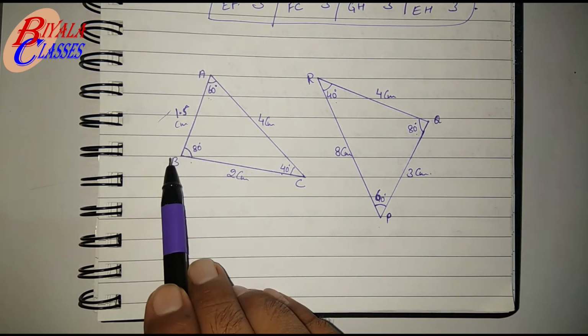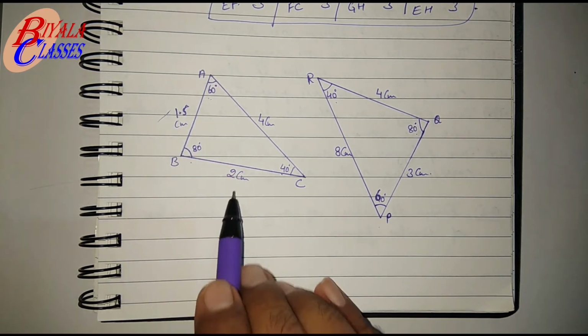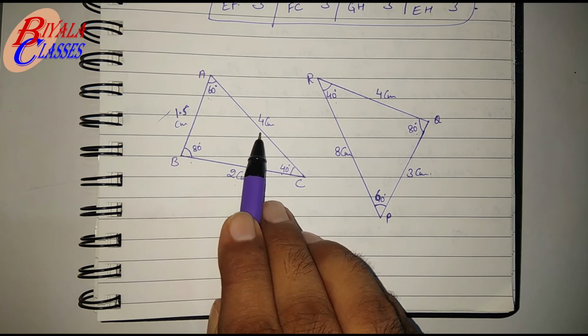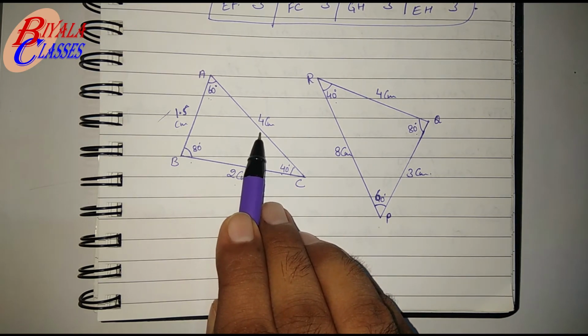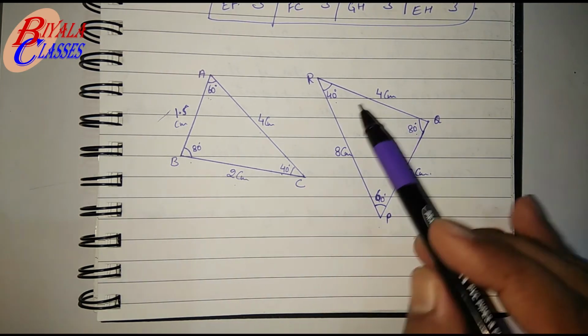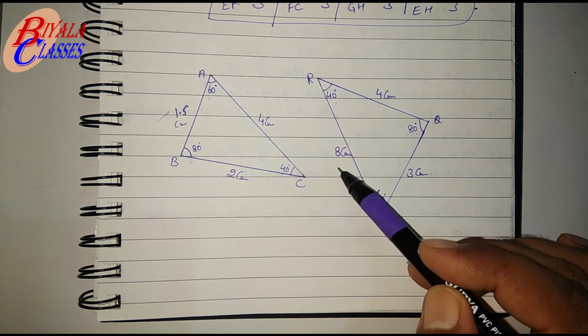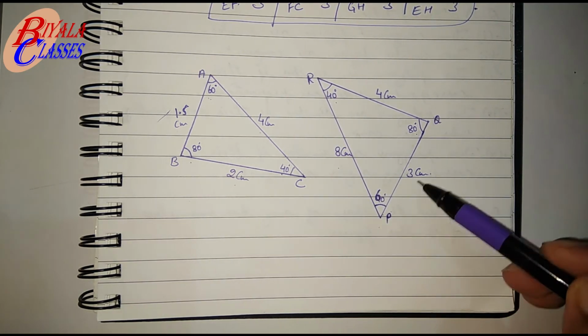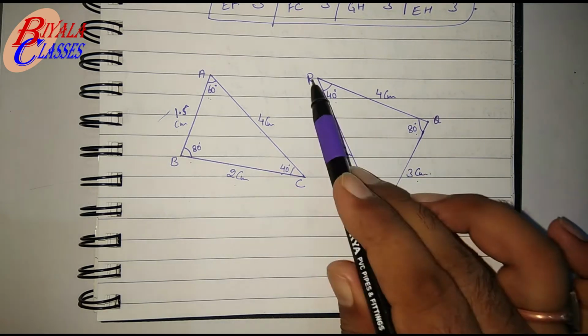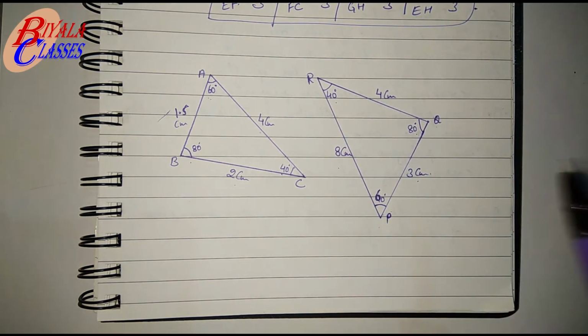The sides AB is 1.5 centimeters, BC is 2 centimeters, CA is 4 centimeters, and in the second triangle, the side RP is 8 centimeters, the side PQ is 3 centimeters and the side QR is 4 centimeters.